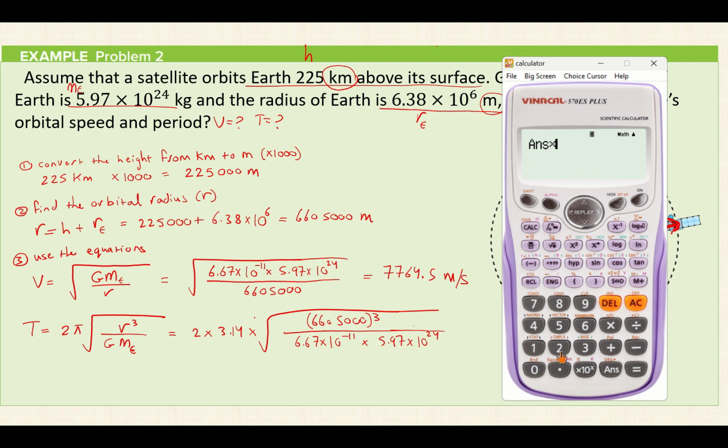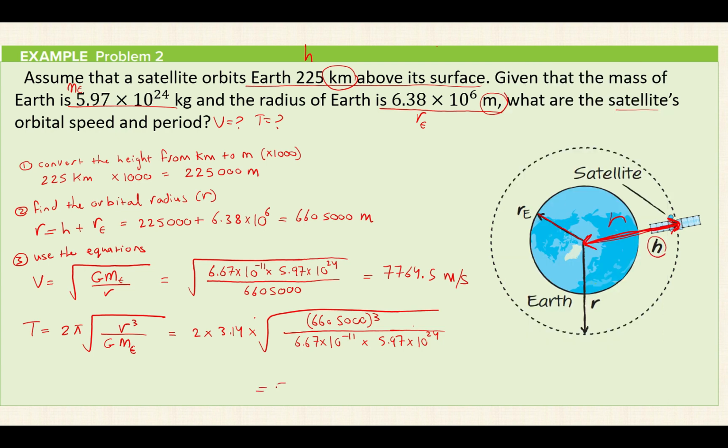Oh, I forgot times 2 times pi. Let's repeat that again. 2 times pi times square root of 6,605,000 cubed... there you go, 5344.9 seconds.